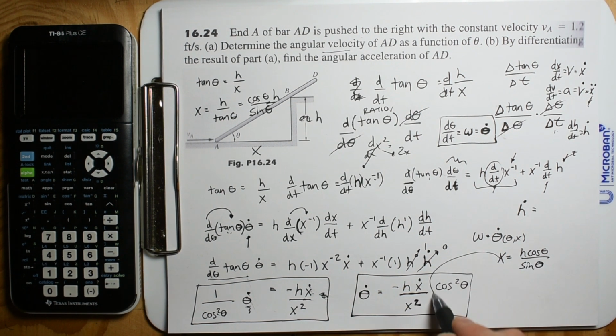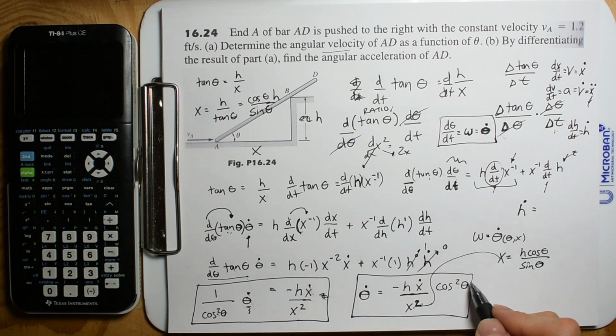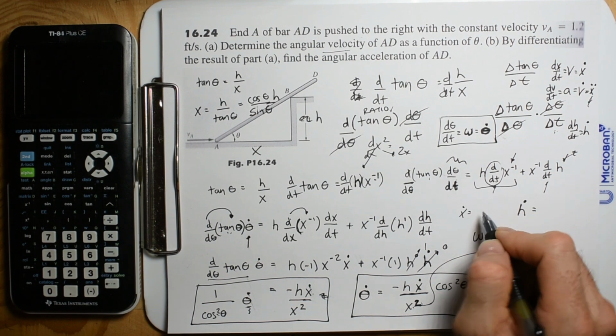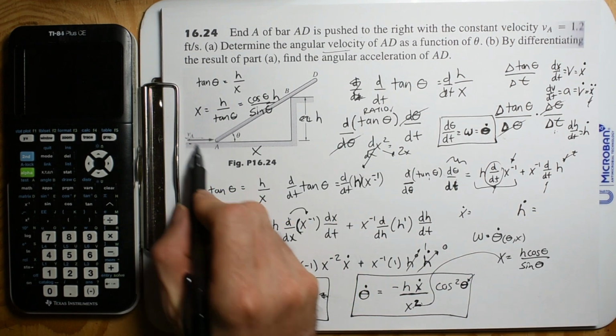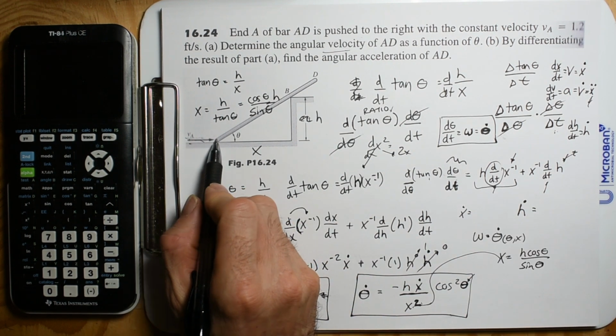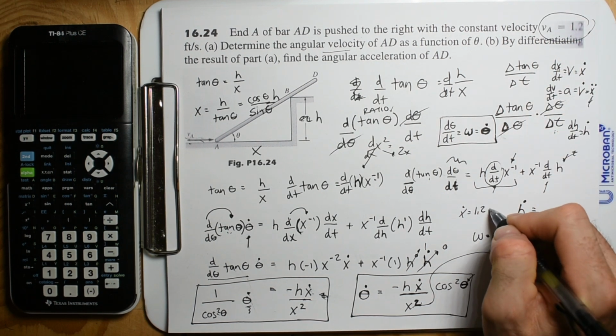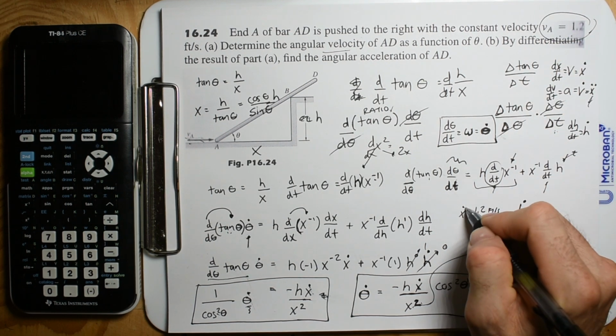If we put this in for this x term, then we will have a function that's just a function of the angle. But it will be a function of velocity. This x dot is that velocity term, but that's just this velocity that's given. This velocity is given as x dot is 1.2 feet per second.